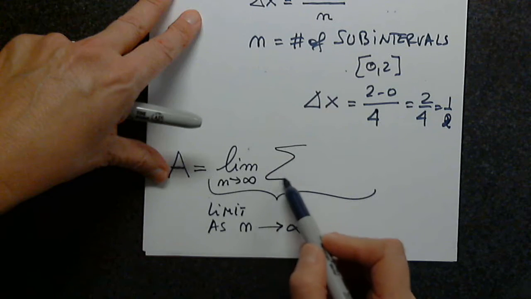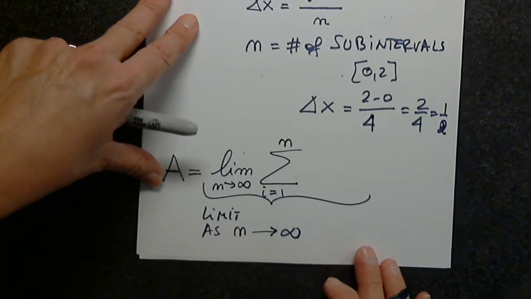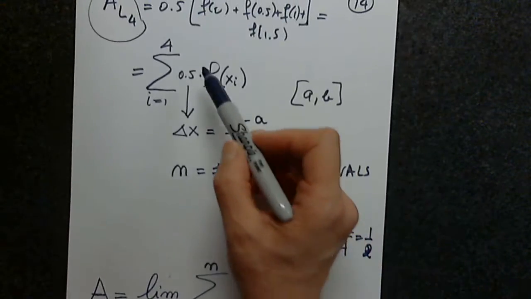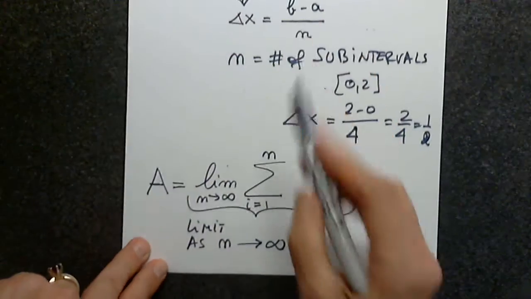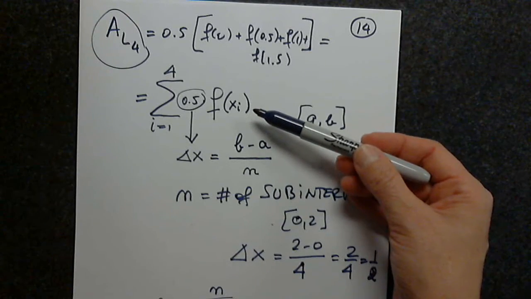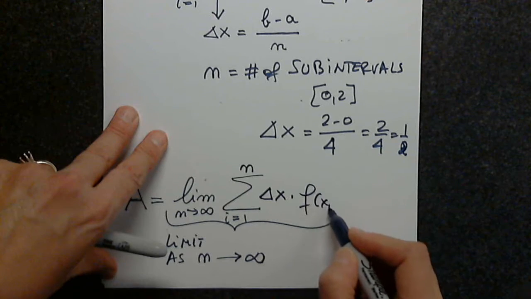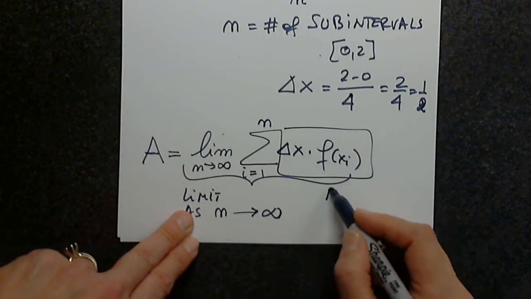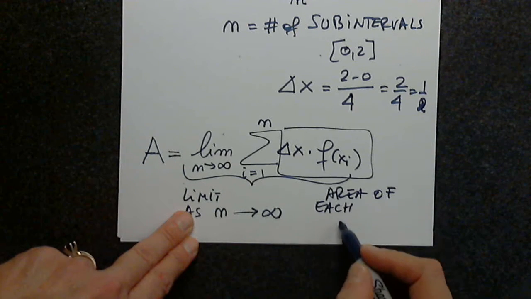The sum from the first subinterval till the last one. And now we have to identify of what? What is this? One more time, what is this? Delta x. And multiplied by, what is this? f of x_i. One more time, what does this represent? Area of each subinterval.